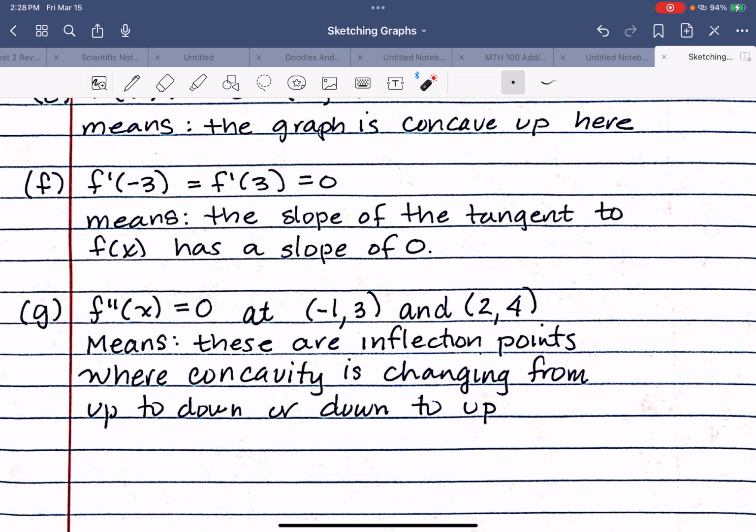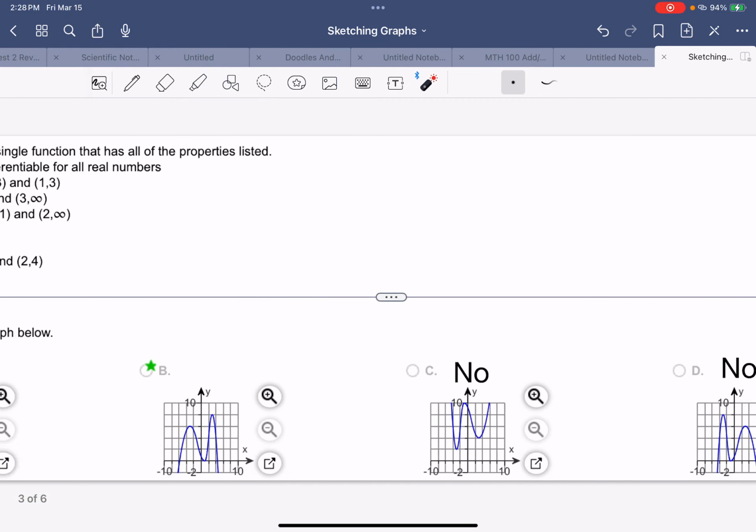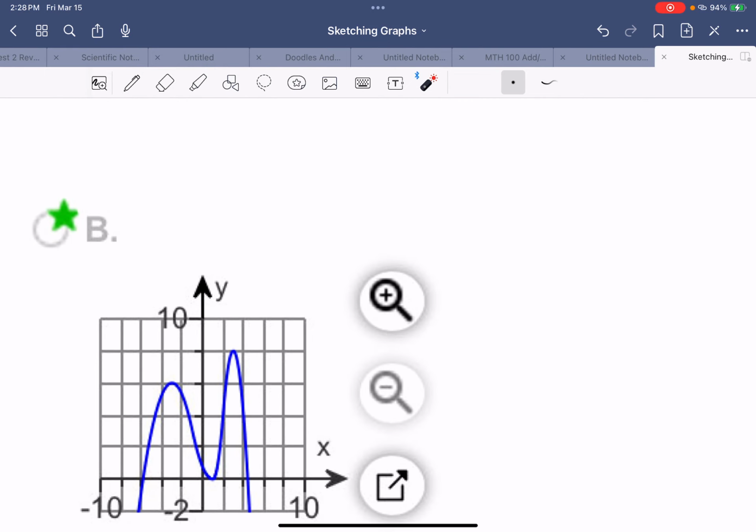So let's see if it's changing concavity at the points negative 1, 3 and 2, 4. So negative 1, 3 would be about right here, because this is 2, so that's negative 1. And this is 1, 2, 3. Negative 1, 3. Look, it's changing from down to up. So yes, you have an inflection point right there at negative 1, 3.